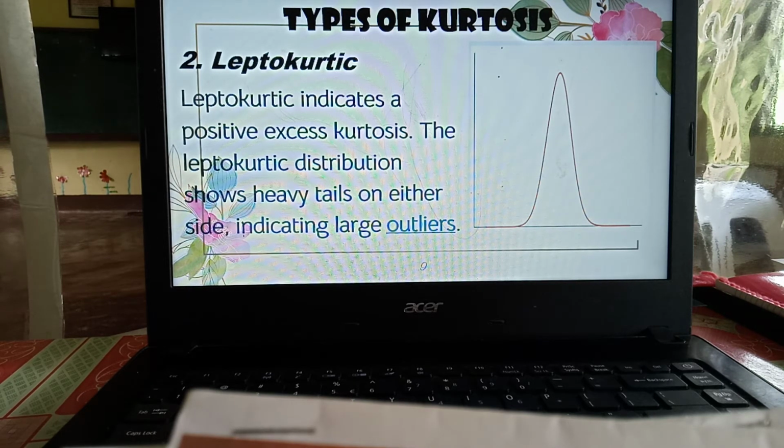In finance, a leptokurtic distribution shows that the investment return may be prone to extreme values on either side. Therefore, an investment whose returns follow a leptokurtic distribution is considered to be risky. So that is the picture of a leptokurtic distribution. Look at the picture.